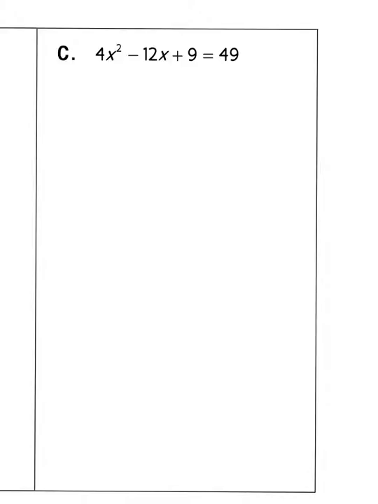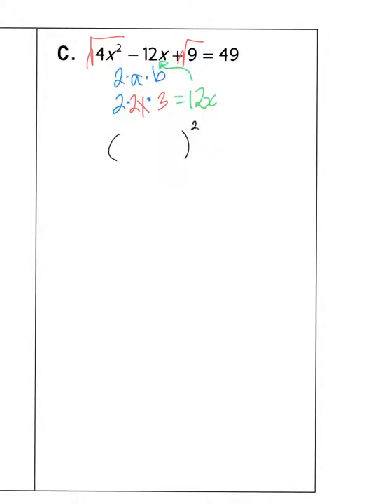Okay, so if we test this, because I see perfect square bookends, if I take the square root of 4x squared, I get 2x, and the square root of 9 is 3. 2 times 2 is 4, times 3 is 12, times x is 12x, which matches.